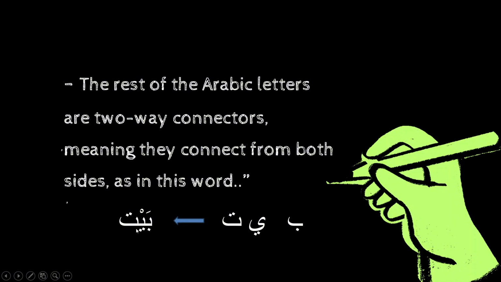This is how it's going to connect. This word is bayt, which means house. We will also work on this in this series, but all you need to know now is that the rest of the alphabet are two-way connectors.